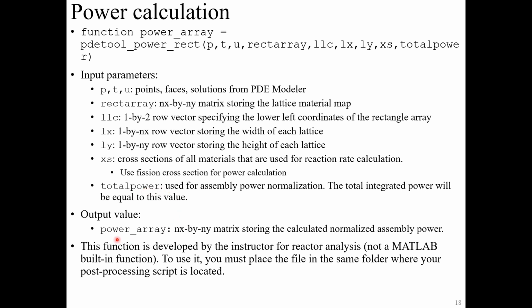Then the result will be stored inside this power array, so power array is equal to this PDE2 power rectangular. You get the nx by ny matrix storing the calculated normalized assembly power. Another thing is that this script is not a MATLAB built-in function. Therefore, you have to place this script together with your post-processing script in the same folder.